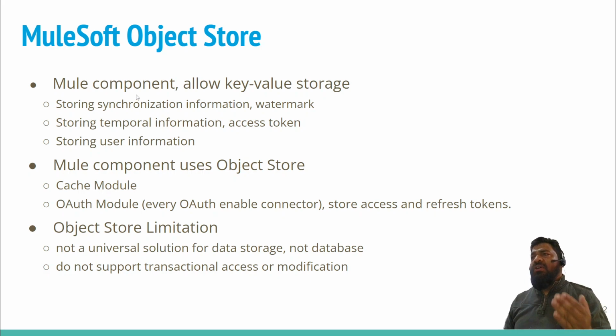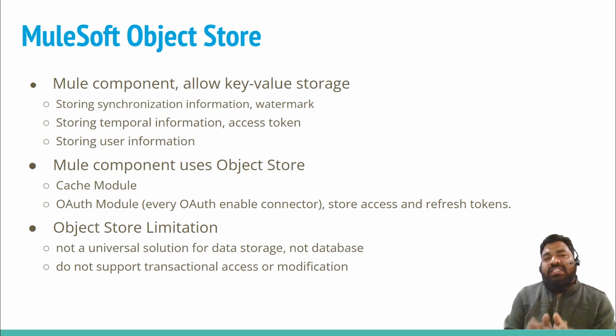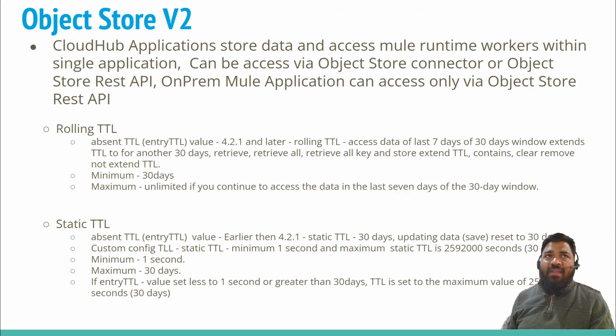If we are not using object store v2 and are using the MuleSoft object store, which persists on the machine file system, then when deployment happens, a new server is allocated, so our data is lost. We don't want that in CloudHub, because a new machine is allocated. That's why the concept of object store v2 services came.